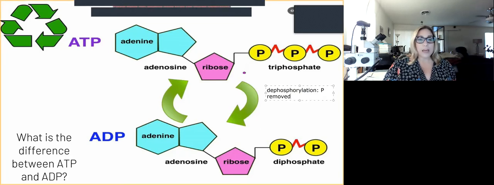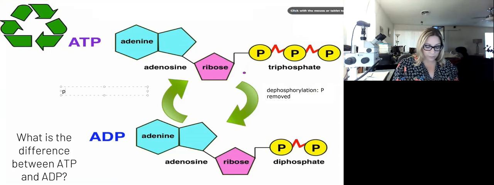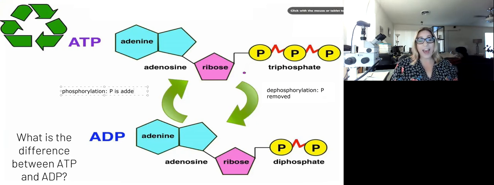When we go from ADP to ATP, this is called phosphorylation. Phosphate is added. So dephosphorylation is exergonic, phosphorylation is endergonic.